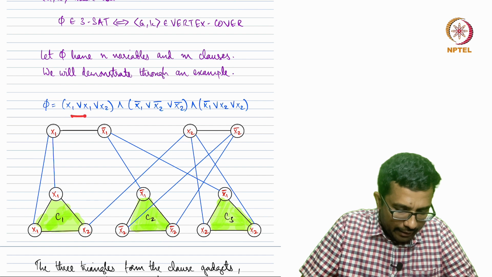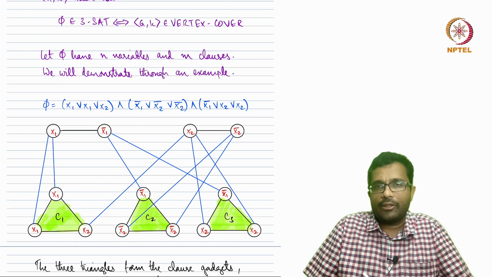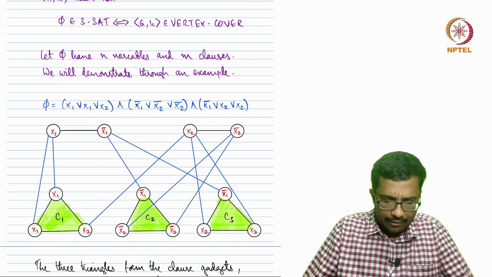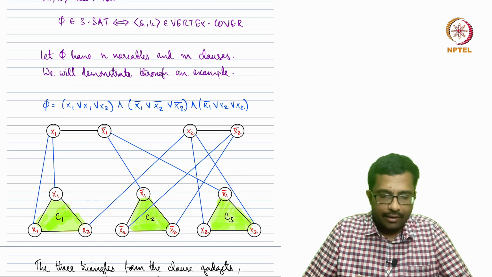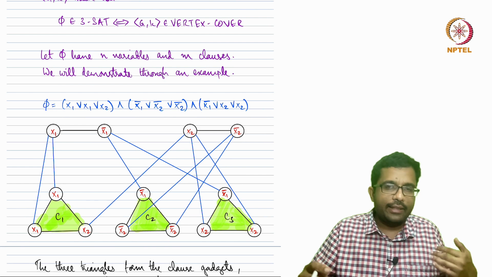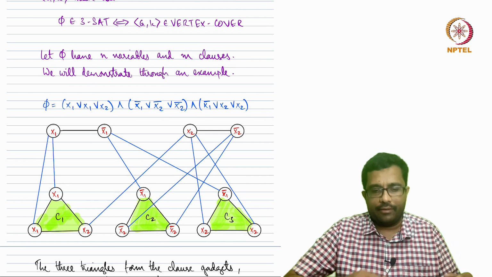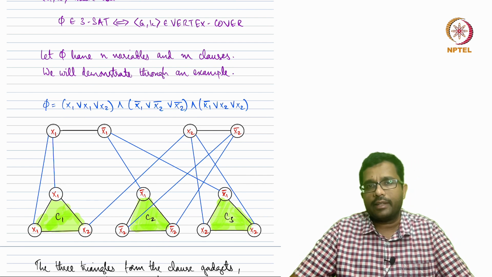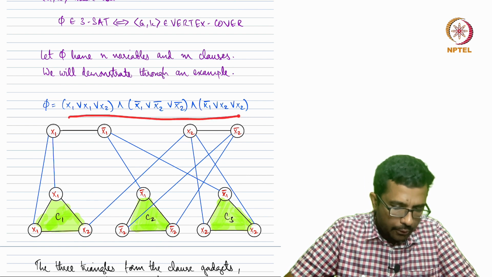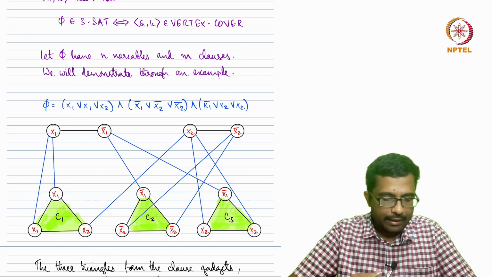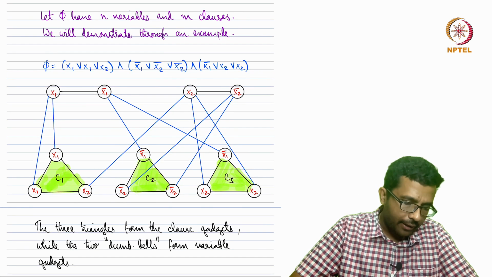We'll have repeated variables and repeated literals, but the procedure I am going to describe is fairly general. For any 3-CNF formula we can build a corresponding graph. So given phi, we are going to explain how to build G. G is very simple. So suppose this is phi.